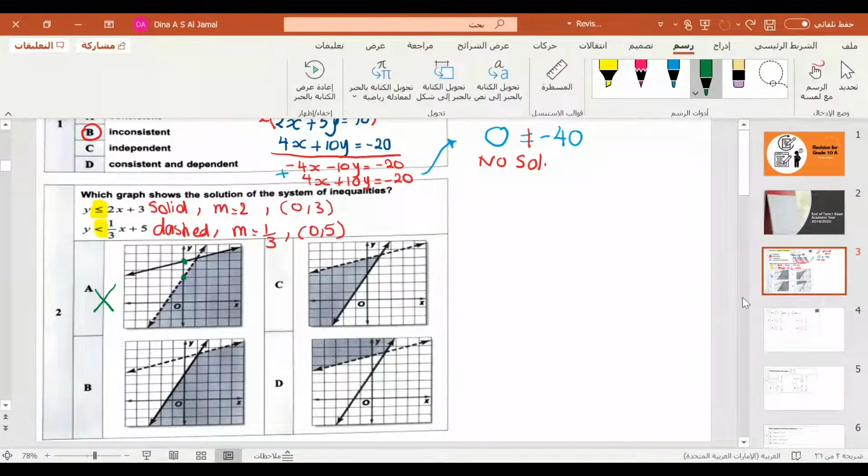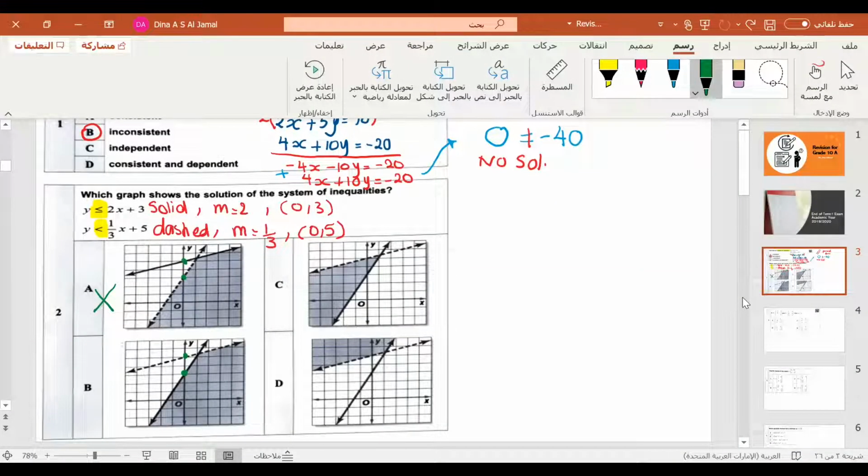Now, let's go to option B. Option B will be showing you the solid line having intercept of 0 and 3 and 0, 5. That means from the perspective of the y-intercept, it is right, and from the slope, it is shown that if you calculated it, rise over run, it is right.